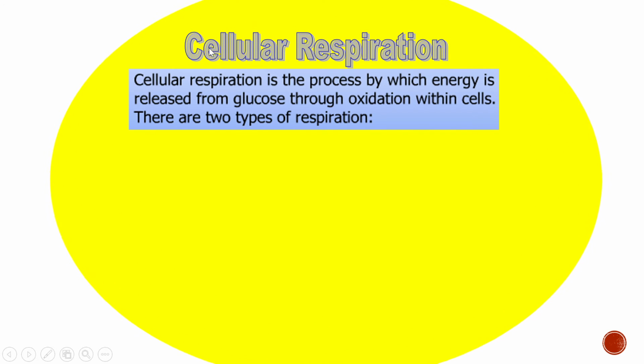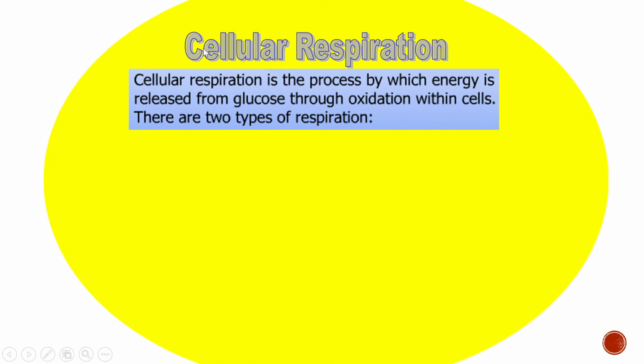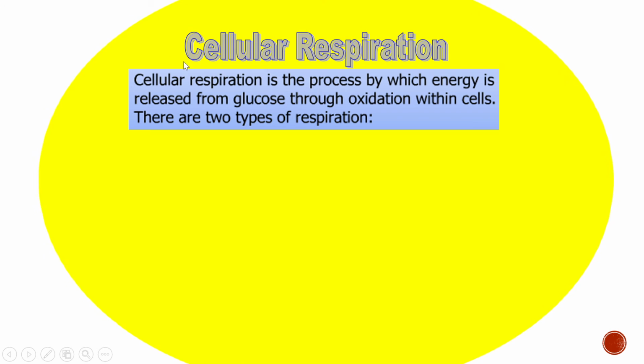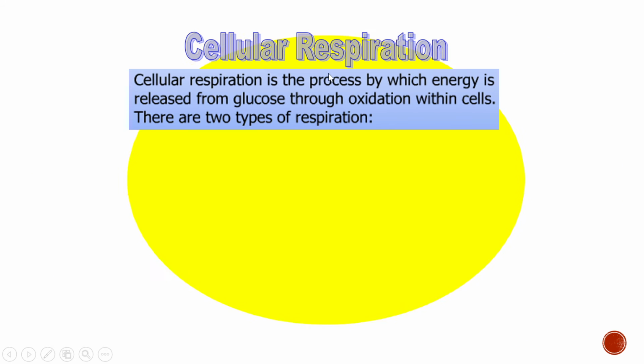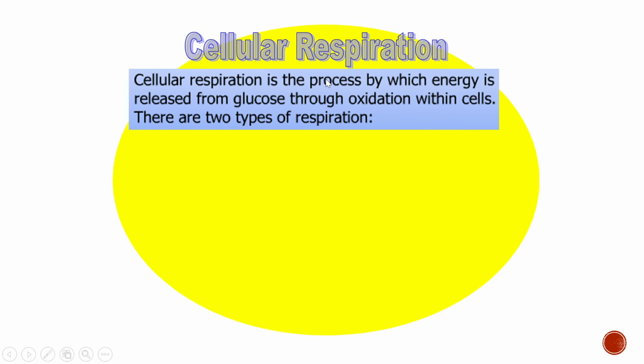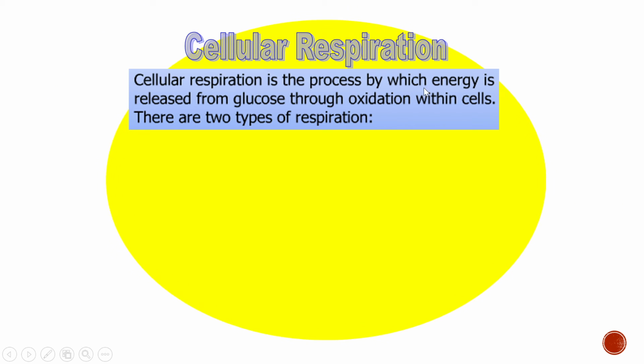So let's look at cellular respiration. The word cellular comes from cell. So it is understandable that cellular respiration is a process that happens in the cells. What process is this? This process generates energy from the main substrate, which is glucose.